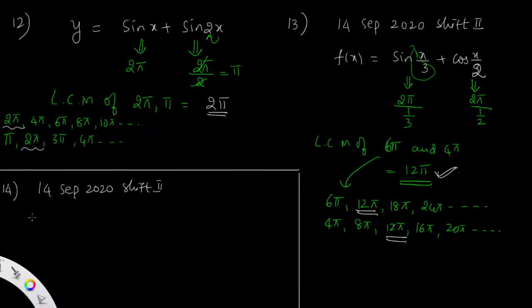The question is: find the period of sine square x. Find the period of sine square x. What is the value? This is also a 14 September 2020 question, shift 2. So these 3 questions were given in the examination.